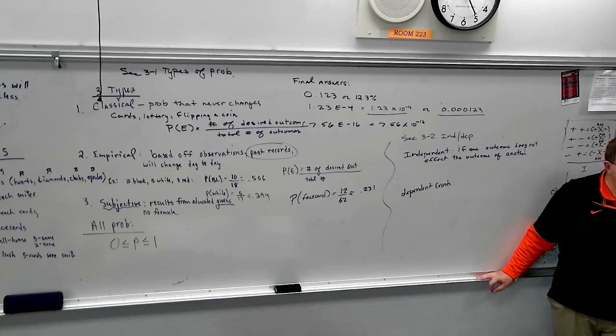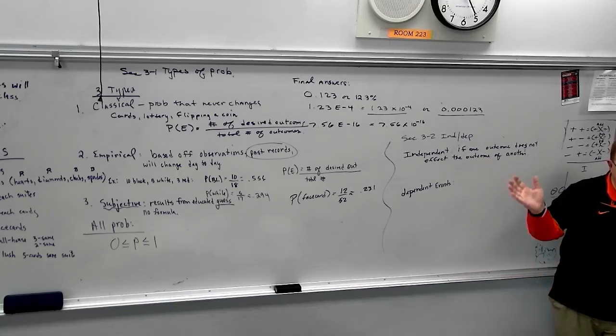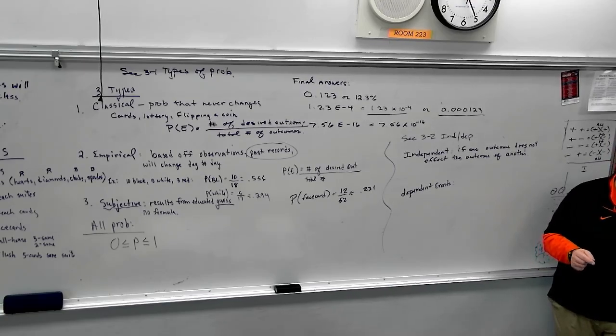Here's the simplest example I could give you. I flip a coin and then I roll a die. Does me flipping a coin have any outcome when I roll the die? No, they're independent of each other. One does not affect the other.